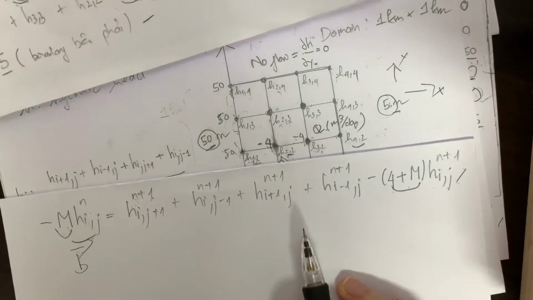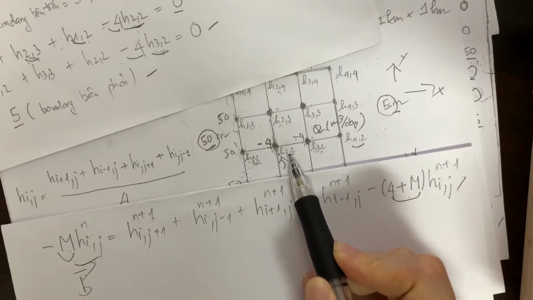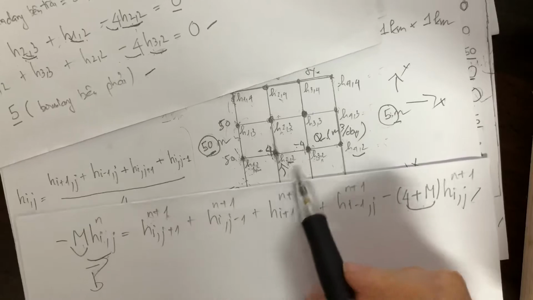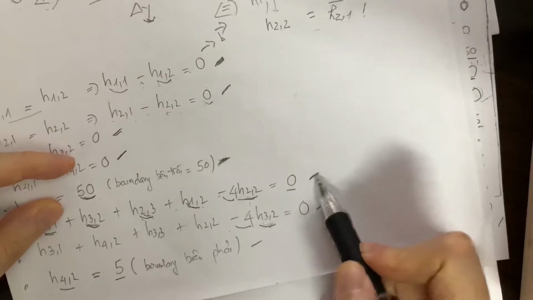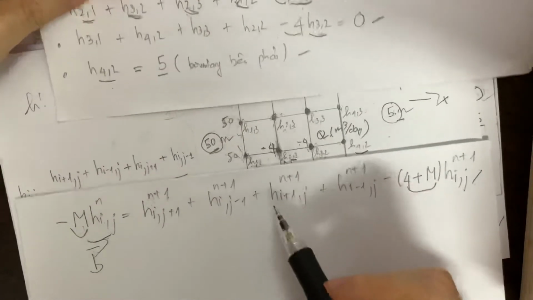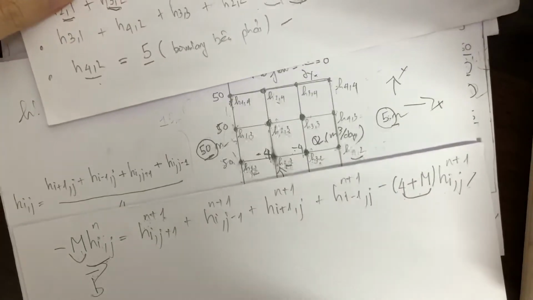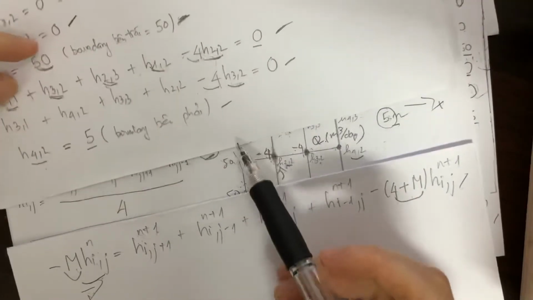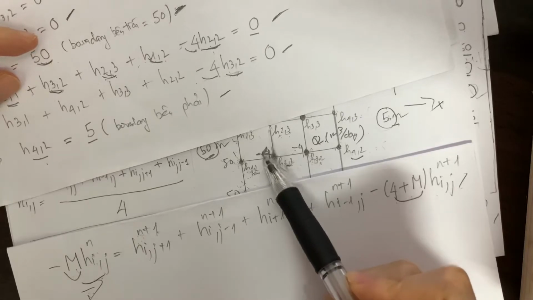For example, I have S22 like this. So this one is for the Laplace equations. But for the transient flow, I have a different coefficient than the Laplace equation.